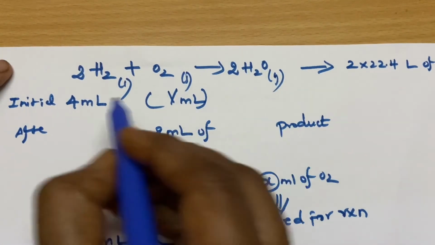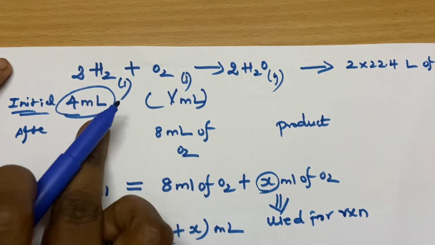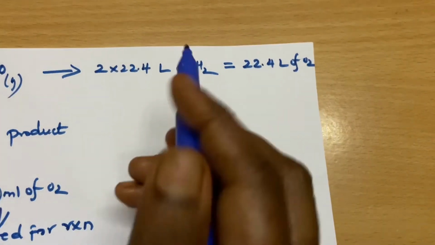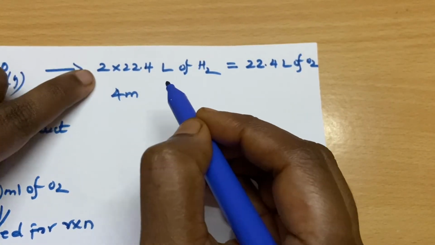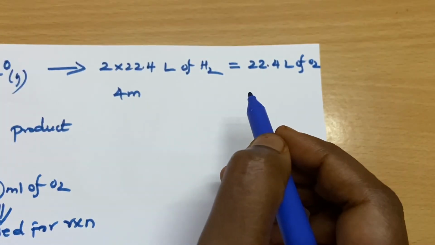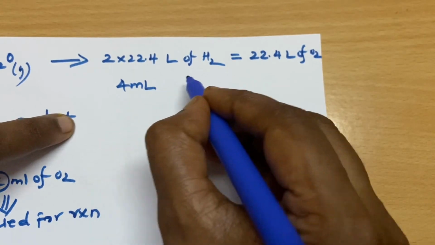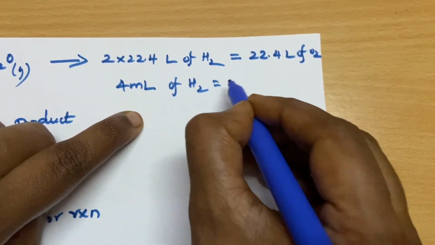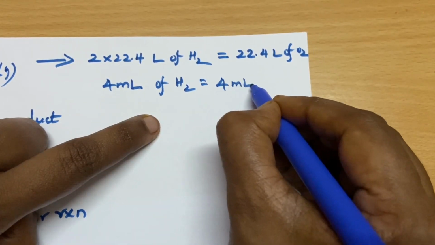So if that is the case, they have taken 4 ml of hydrogen. If 2 moles of hydrogen react with 1 mole of oxygen, then 4 ml of hydrogen will react with, see, this is 4 ml.